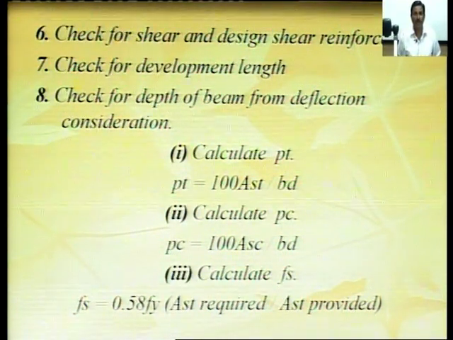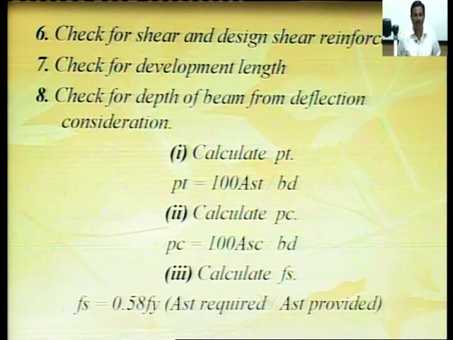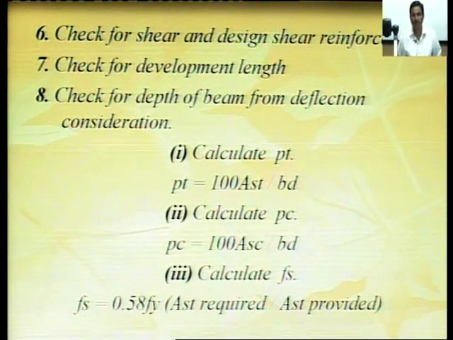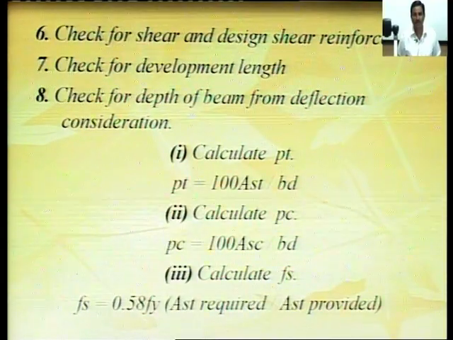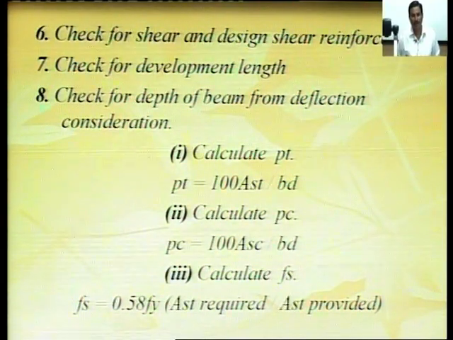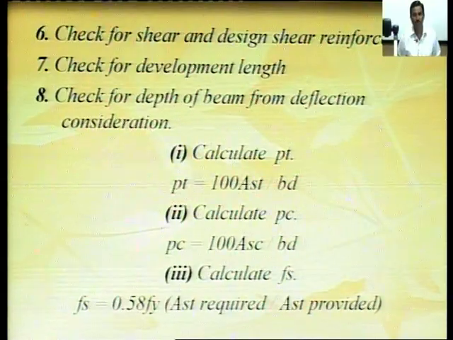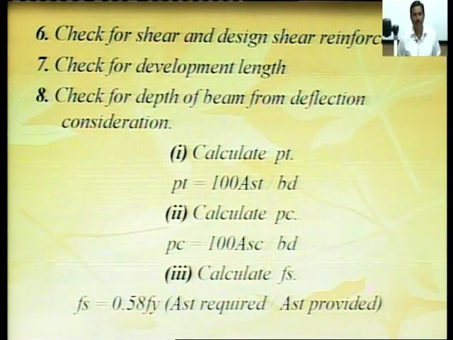Next, check the beam for deflection considerations. First, we calculate the percentage of tensile reinforcement, denoted by Pt. Pt is equal to 100 Ast upon bd, where Ast is the area of tensile reinforcement. Secondly, we calculate the percentage of compression steel, denoted by Pc. Pc is equal to 100 Asc upon bd, where Asc is the area of compression steel.